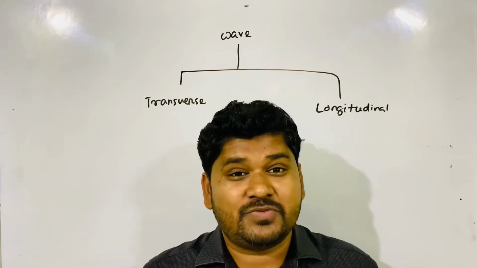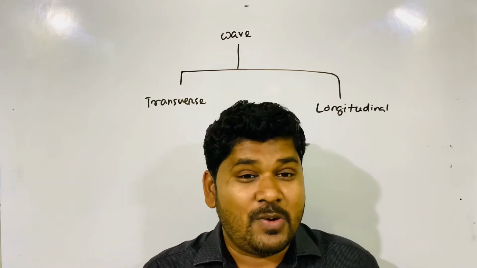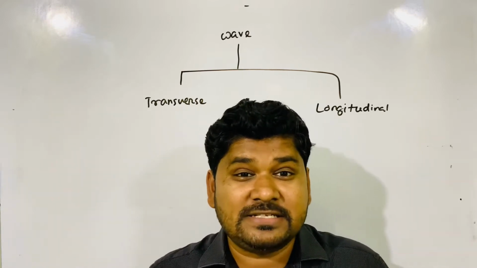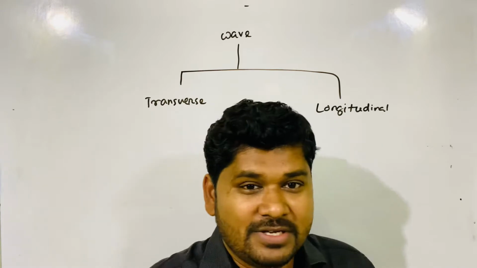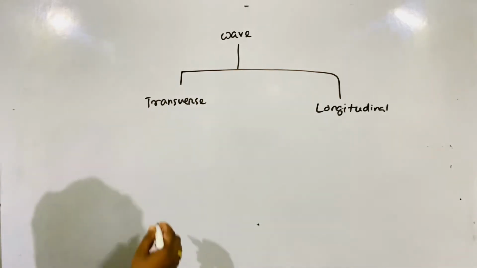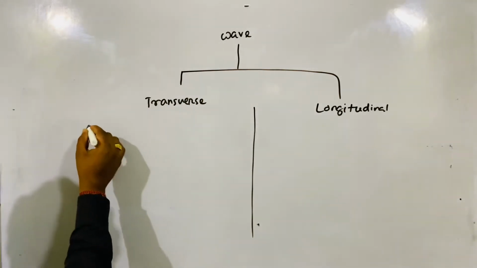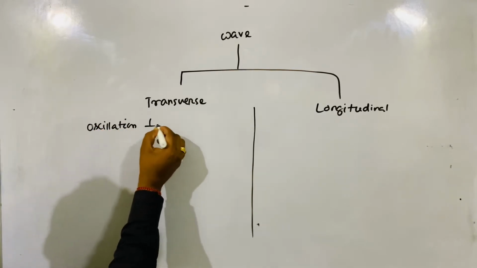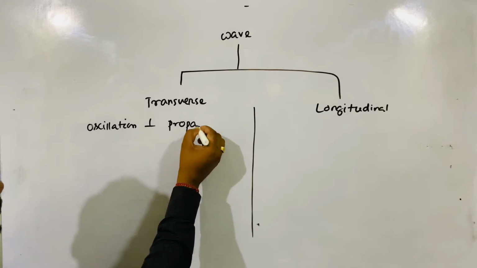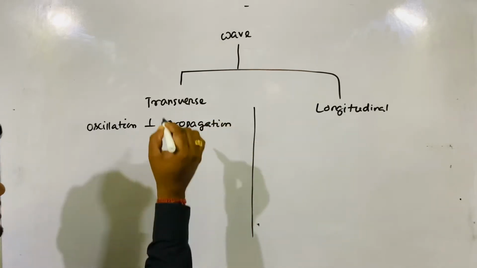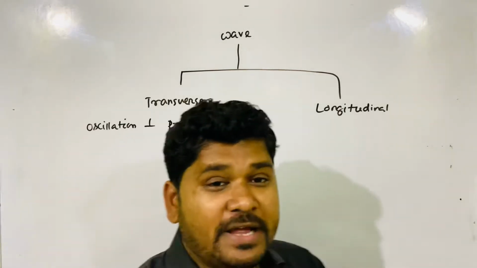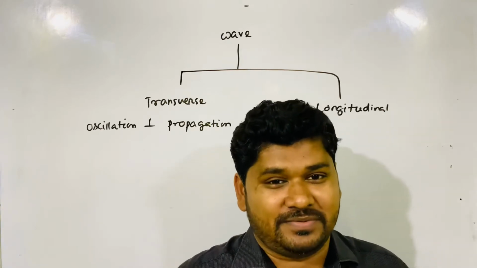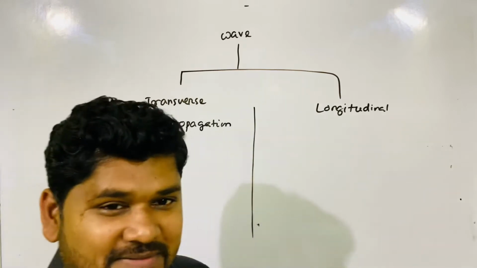We classify waves as transverse and longitudinal depending on the direction of oscillation and propagation. The wave is transverse if oscillation is perpendicular to propagation. What happens in the case of a water wave on the surface of water?